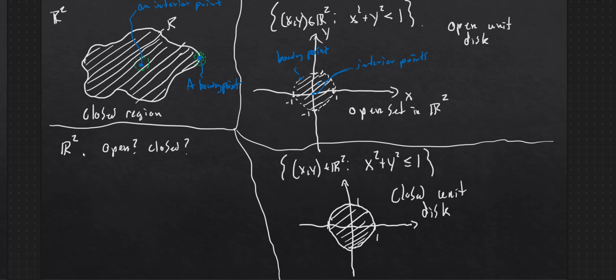So we ask ourselves, okay, is it open? Does it consist entirely of interior points, or does it maybe contain some of its boundary points? Or does it contain all of its boundary points? So what is a boundary point for the plane?